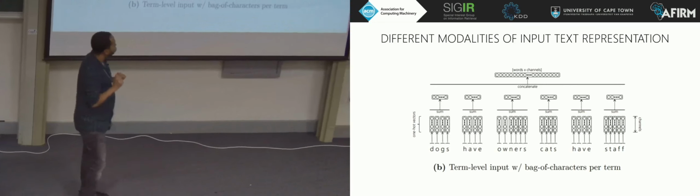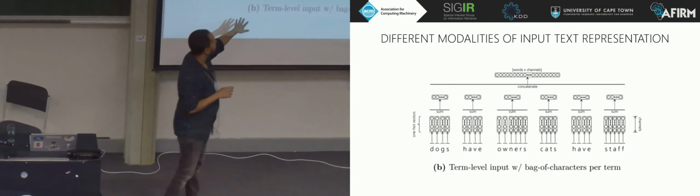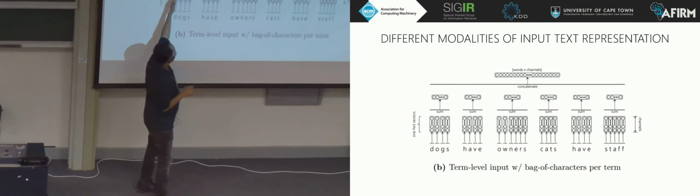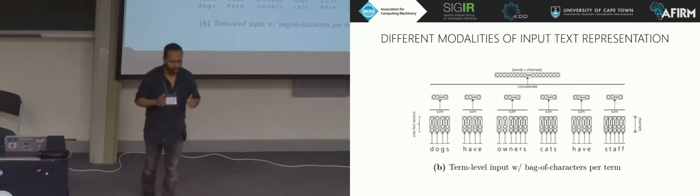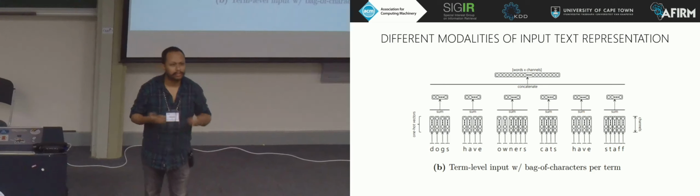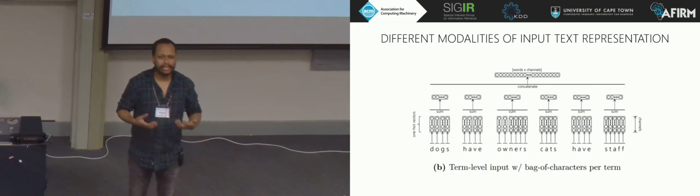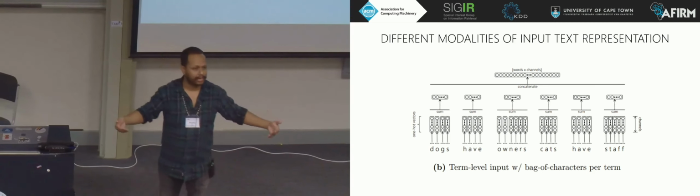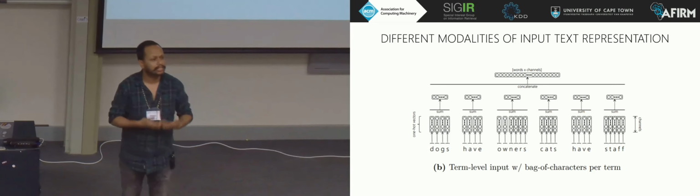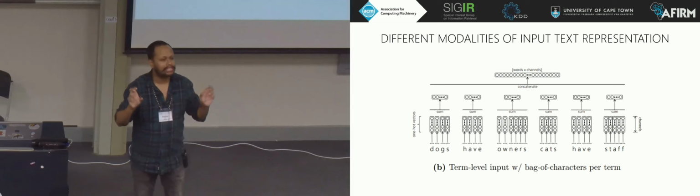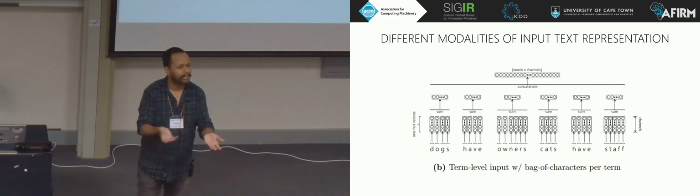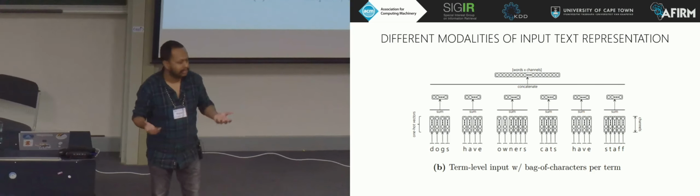The next thing you could do is very similar to the previous idea. You're still mapping each character into a one-hot encoding vector, but you know the concept of words. There's no reason for the model to treat every string as a sequence of characters. It could treat every string as a sequence of words. It doesn't need to learn the concept of words, because it's easy to point that out to the model. Let's make the model's life a little easier.